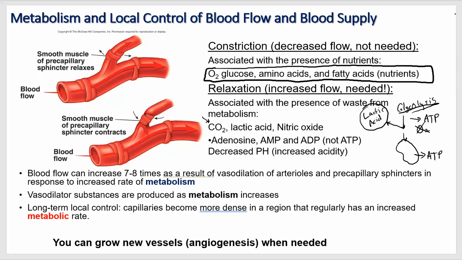Now, nitric oxide can also be produced from the breakdown of small amino acids. Adenosine, AMP, adenosine monophosphate, and ADP, adenosine diphosphate, but not ATP. So if you're spending all your ATP, you may have a buildup of these molecules, adenosine, AMP, and ADP. And so that's also another indicator that you're using a lot of ATP.